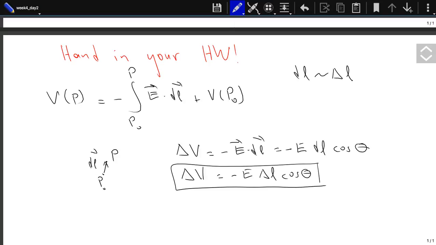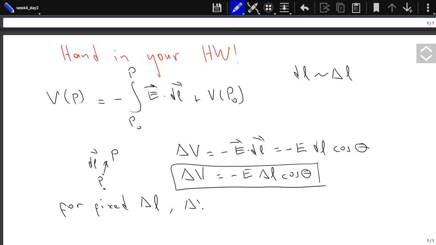That direction is in the opposite direction of the electric field. Do you agree? Because the maximum value of delta V is when cosine theta is minus 1 for fixed delta L. There are some charges, the electric fields are fixed, and I'm just measuring the potential difference between different points.